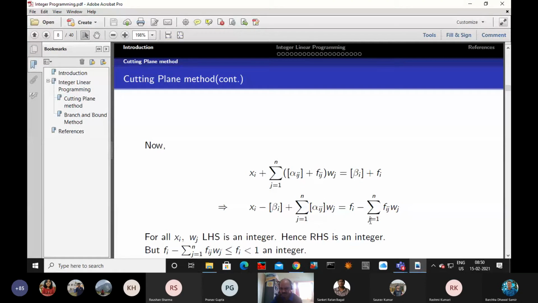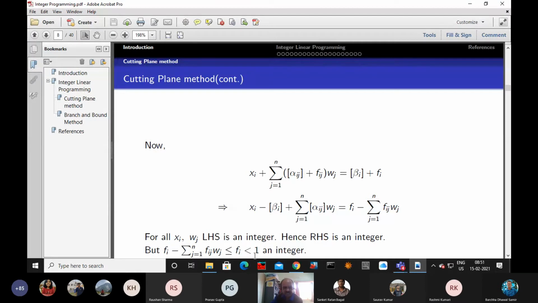This quantity is the right hand side: fi minus something. This is less than or equal to fi. Do you believe? Because in the negative term, fij are all positive and wj is non-negative, so this is fi minus some positive term. This is less than or equal to fi, right?